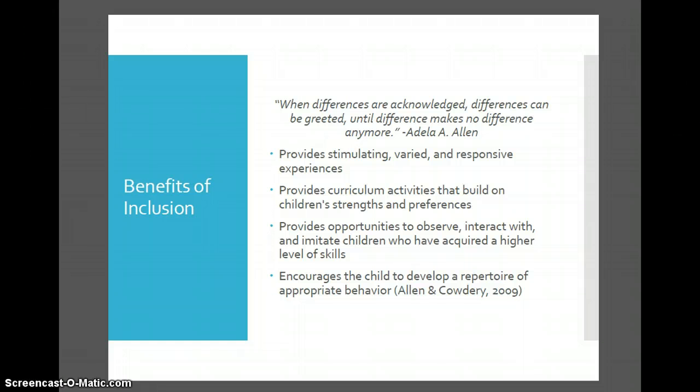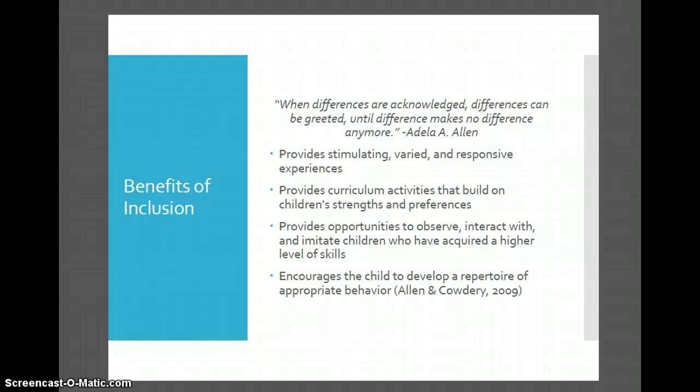And so when we're including children with all ranges of abilities in a classroom, we're talking about giving children the opportunity to learn from each other. We're talking about giving them an opportunity to see that different people have different strengths, different people have different abilities, different people can learn from each other. And this is beneficial both for the child who's learning and for the child who is teaching. There's a lot of research out there that supports these ideas.